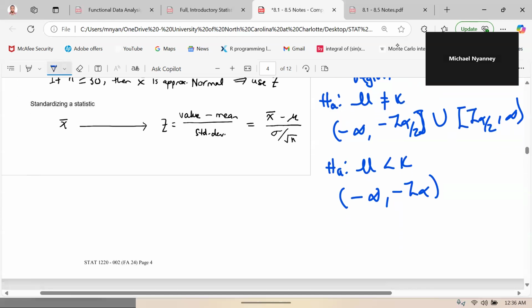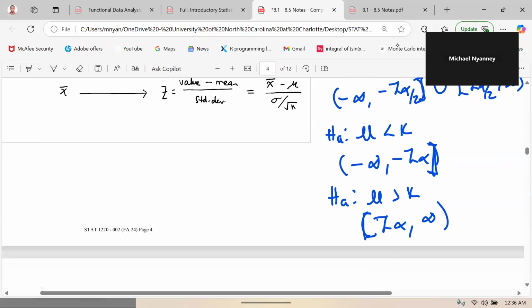And if you have the HA going to the right direction, then this will be our rejection region. So we pick from Z alpha to the positive infinity. Okay, so this is inclusive. Yeah, it's inclusive. Sorry. Okay, so this rejection region is determined under the alternate hypothesis, and that's how we write it.